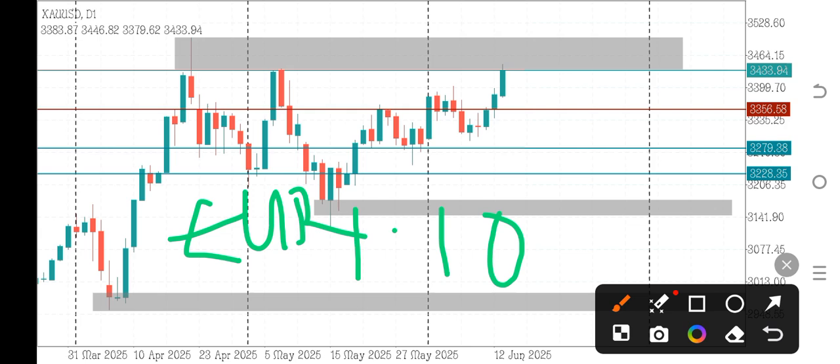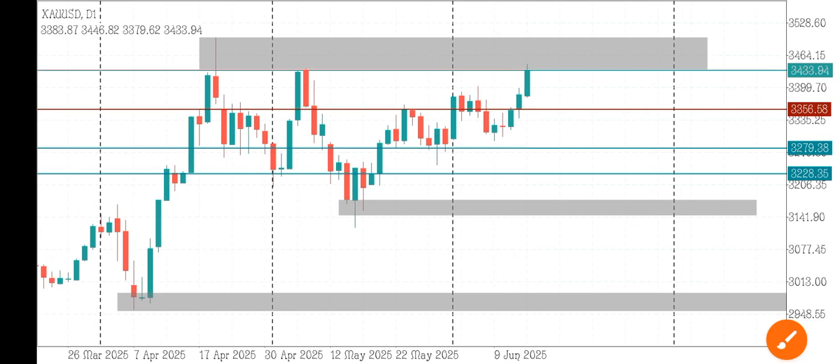If I have 1 euro and I give it to you and I want to make an exchange, you are going to give me back $1.10. That is how it works. So now let's proceed.